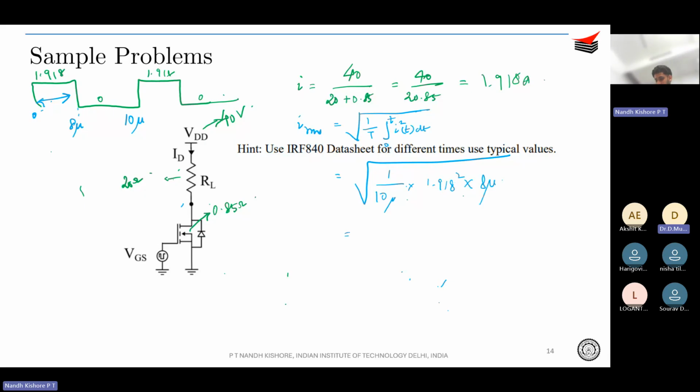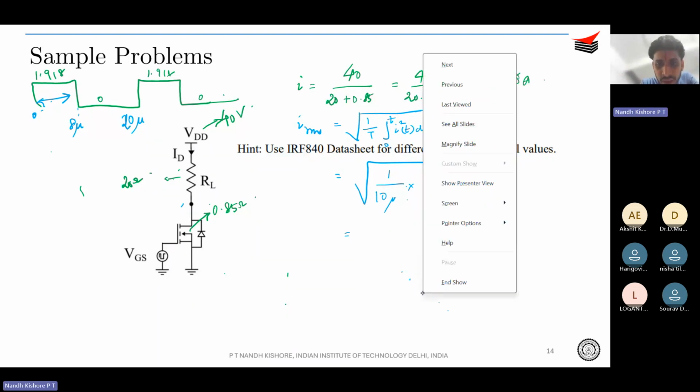So what will be this particular value? So square into 8 by 10. The total time is 20 micro, I think. Yeah, fine. Thank you. It is 20. It is 50 kilohertz, right?